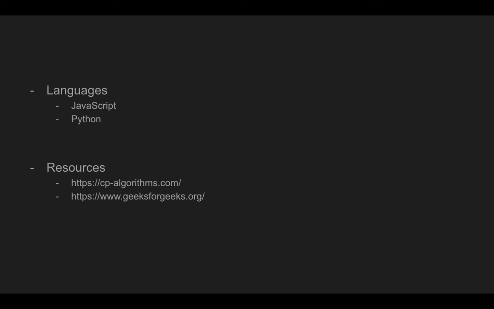Python again. As we go deeper into data structures and algorithms, we want to be able to participate in contests as well. So we might be jumping into competitive programming, which is a lot further down the road.